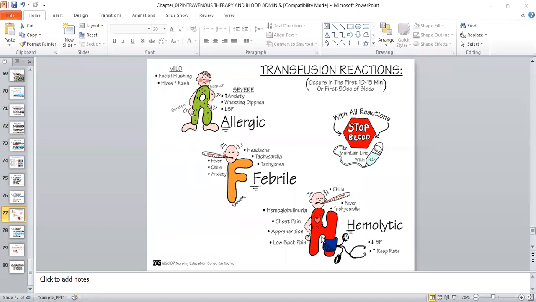So when the patient develops a blood transfusion reaction, what is your first priority? What do you do if an adverse reaction occurs? Stop the blood transfusion, right? So stop the blood transfusion and run the normal saline.